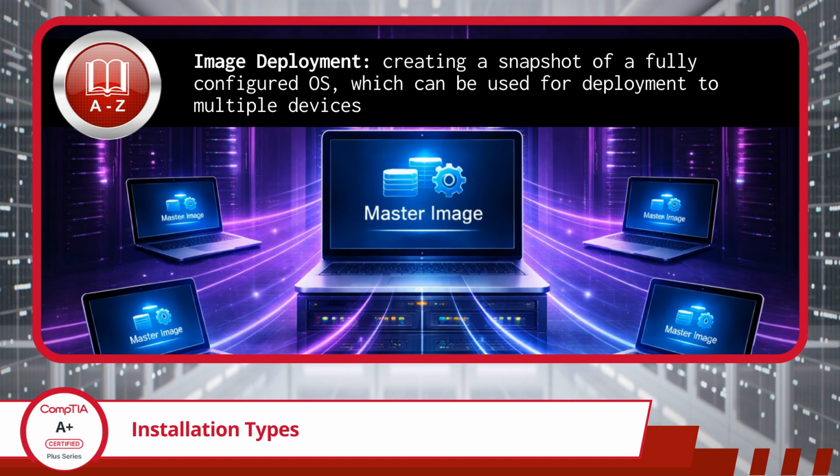This helps ensure consistency across all machines and significantly reduces setup time compared to configuring each device individually. For example, instead of installing Windows, configuring settings, and installing applications on 50 computers one by one, an administrator can create one properly configured master image and deploy it to all 50 systems. This not only saves time, but also reduces the chance of configuration errors.